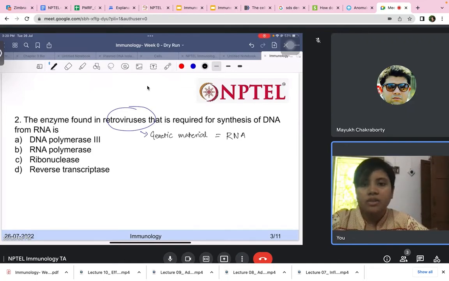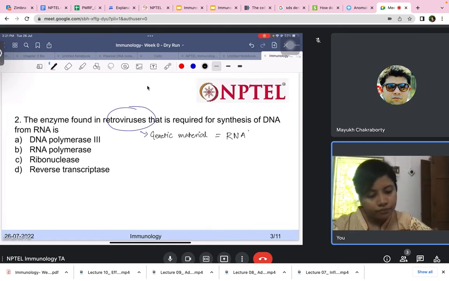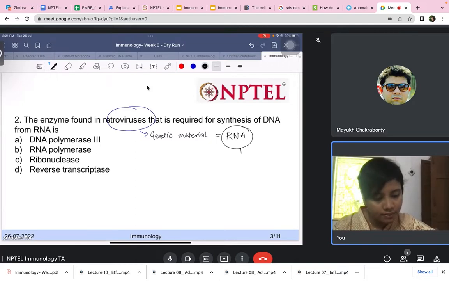Now what happens when these retroviruses infect their respective hosts? They need to produce the viral particles, so the virus needs to replicate in the host, and for that the first thing that should occur is that it should replicate its genetic material. And we know that if RNA is the genetic material, then it has to convert it into DNA first.